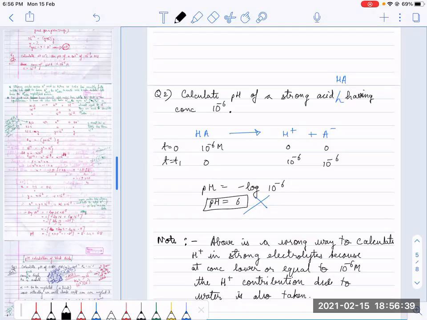Let me know when you have copied. We are going to do the correct solution. Just write it down.